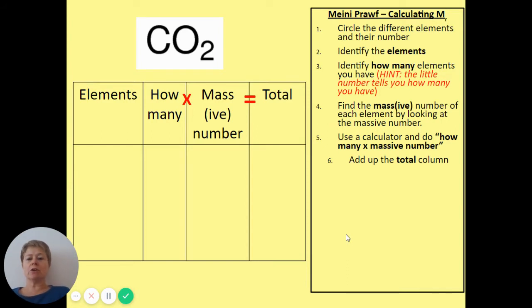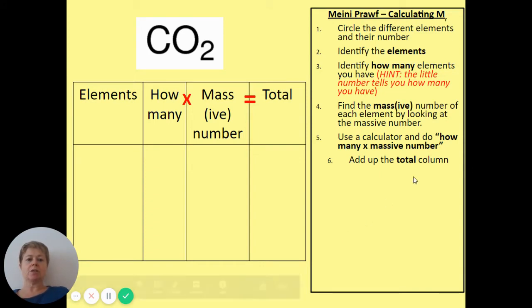So we're going to be looking at how we calculate the molecular mass, or relative molecular mass, of compounds. The periodic table tells us the mass of the elements, but we need to know how to calculate the relative molecular mass for a compound.